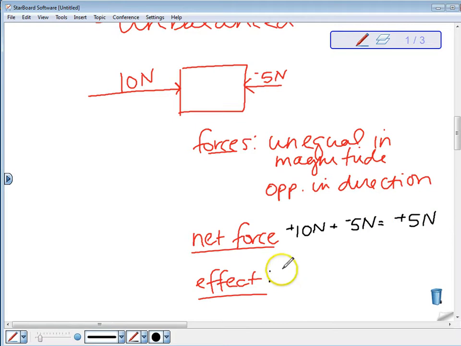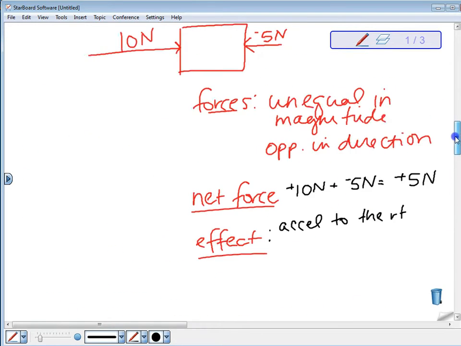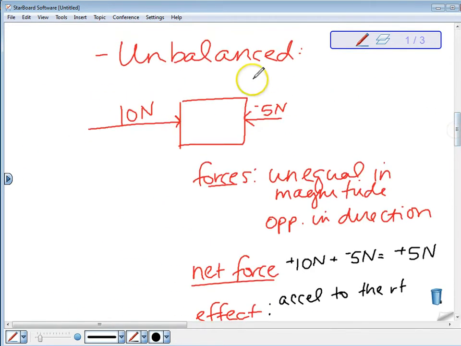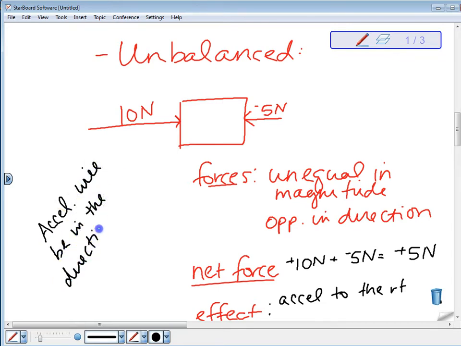So the effect on this object is that it will accelerate to the right. The acceleration will be in the direction of the greater force. So whenever you have unbalanced forces, it will cause an acceleration, and that acceleration will be in the direction of the greater force.